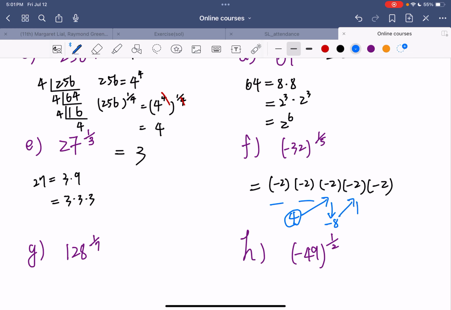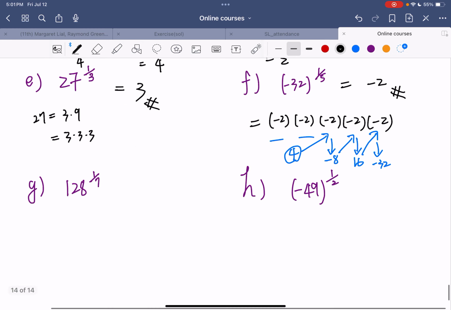Negative 8 times negative 2 will give us 16, and this time negative 2 will give us negative 32. So yes, that's correct. We can write this is negative 2. Remember the negative sign.